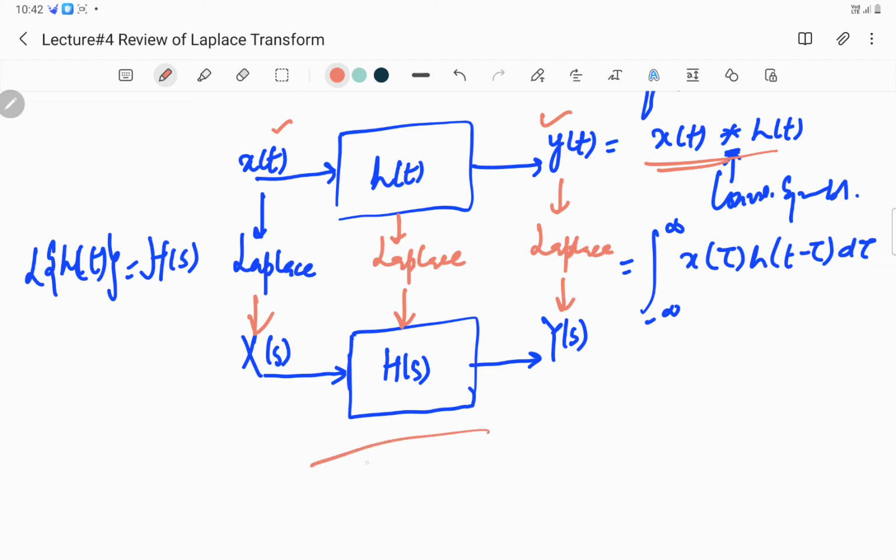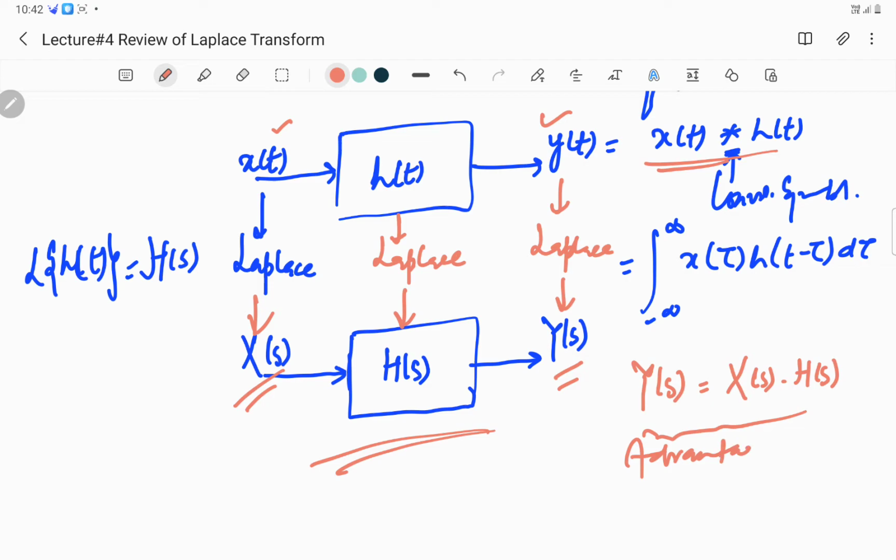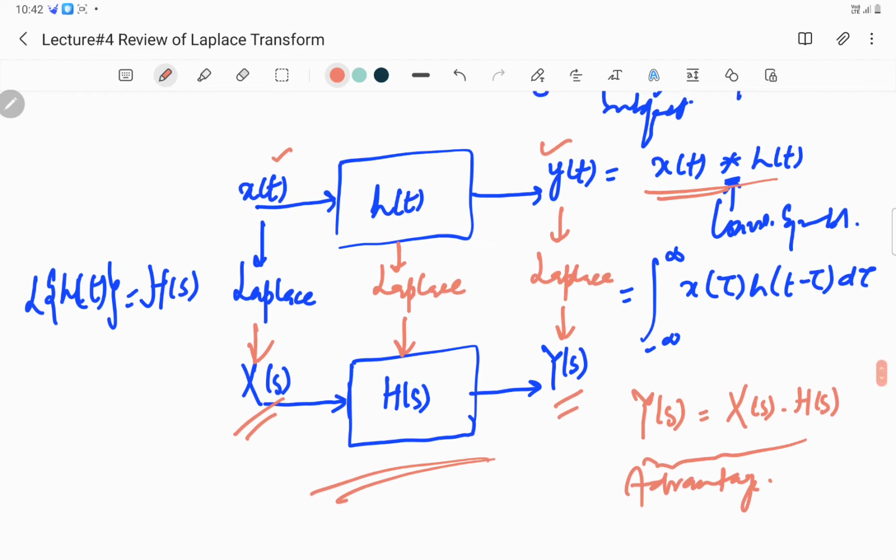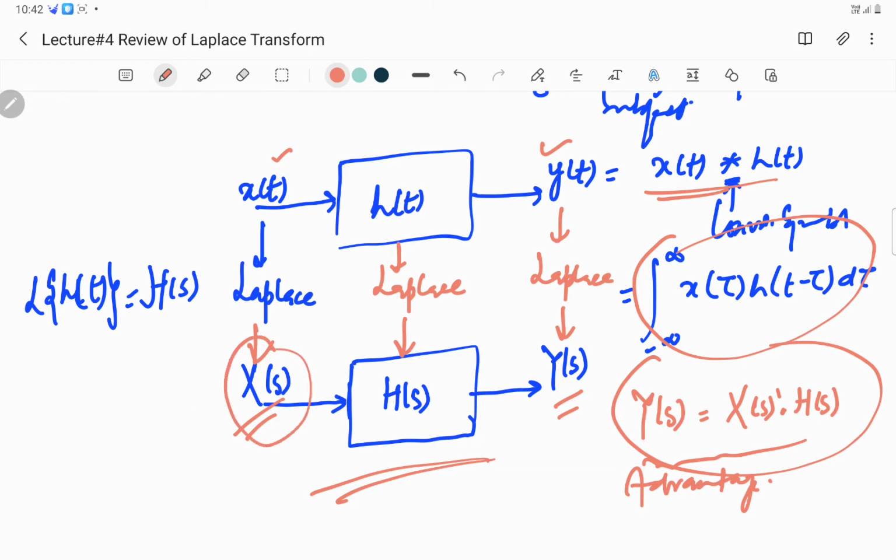Now, how is X(s) related to Y(s)? Y(s) is simply X(s) into H(s). So that's where the advantage lies. In time domain you have to solve a complex integral, but in frequency domain it is simply a multiplication of two quantities, X(s), the input signal in frequency domain, and H(s), the system transfer function.